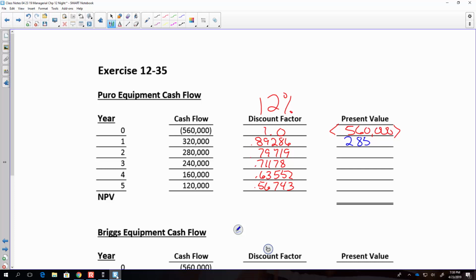So 285,715, $223,213, $170,827, $101,683, and $68,092. So we then net these positives with the negative.